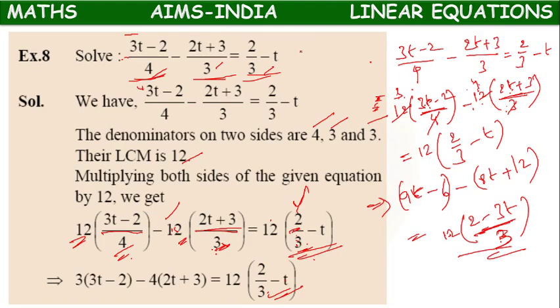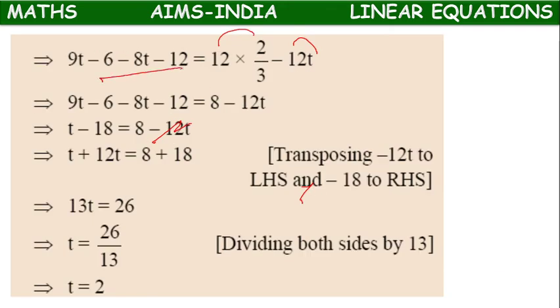Okay. Next, as we have minus here, if we remove the bracket, 90 minus 6 minus, if we remove the bracket, both the symbols will change. Here nothing is there, means plus. It will become minus 80 minus 12. 3 4 times 12, 4 2 8, 12t.